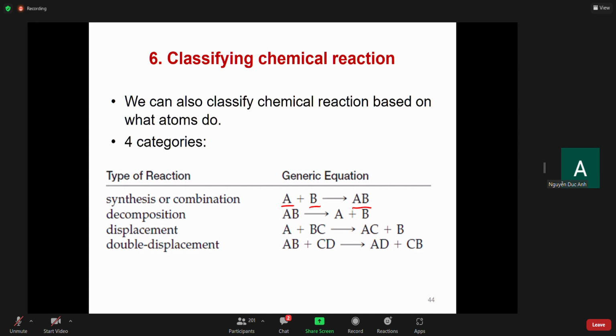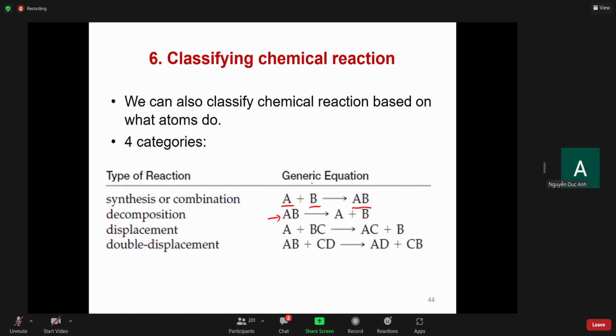The other kind is the decomposition reaction, in which you start with one reactant and in the products you produce 1, 2, 3, 4, 5, or many other molecules. So this one is decomposition reactions.